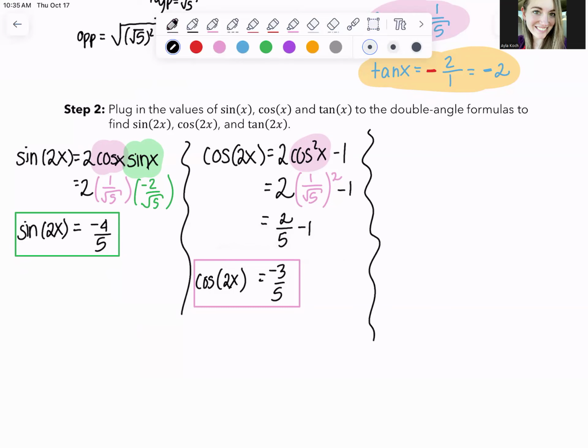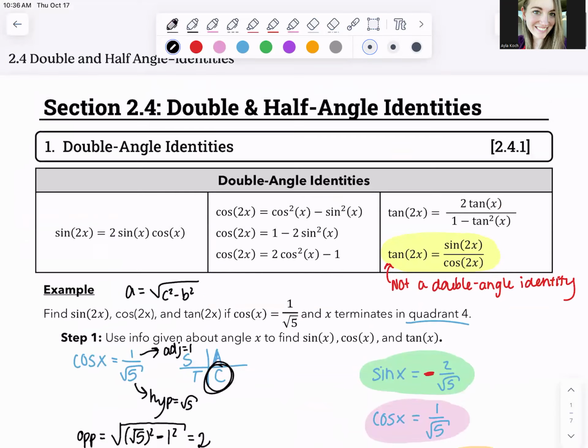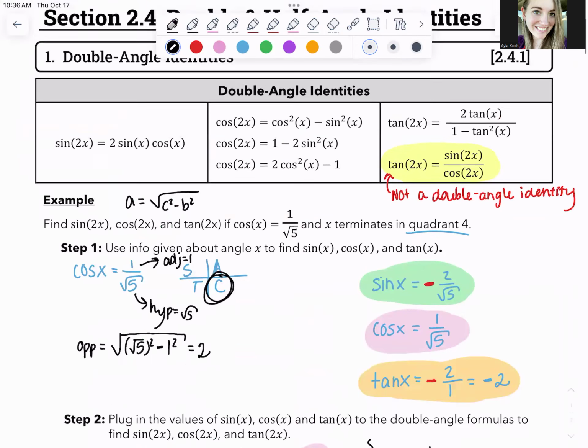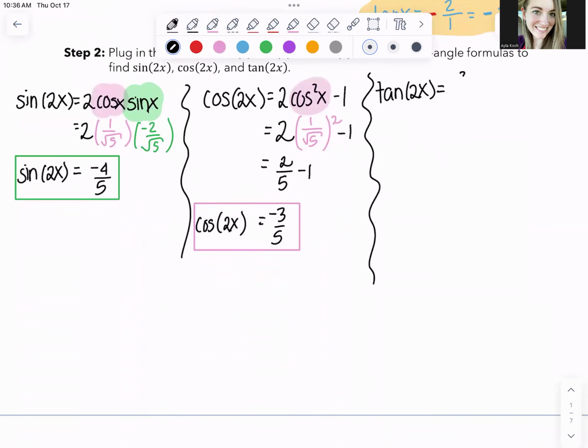So using the formula, tangent of 2x is equal to, the only real double angle formula is this first one here, 2 tan x over 1 minus tan squared x.